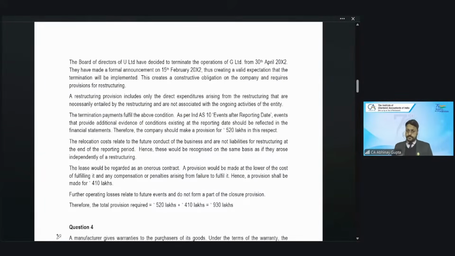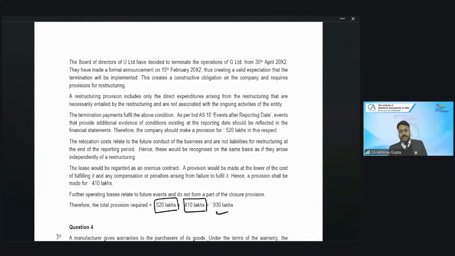Actually, it's an event after the accounting reporting period, and based on that, we have to provide 520 for that expense. For this, again the provision for cost of fulfillment will be 410. Totally it is 930. So which other Ind AS have you applied to arrive at this answer?